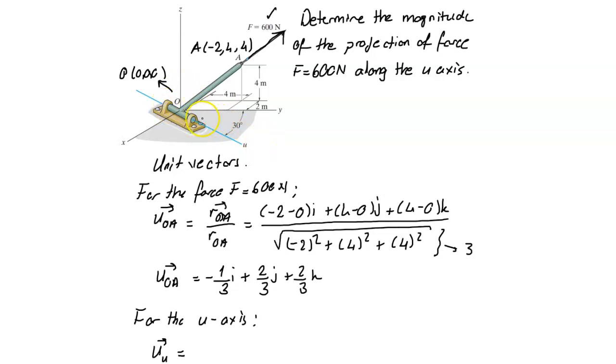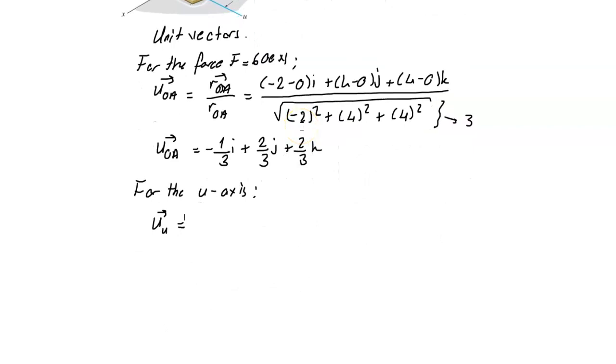The u-axis has an angle of 30 degrees with the y-axis. So we have sine 30 for the x component and cosine 30 for the y component, and 0 for the z component. So we can use the angles to write the unit vector. For Uu we have sine 30 I plus cosine 30 J.